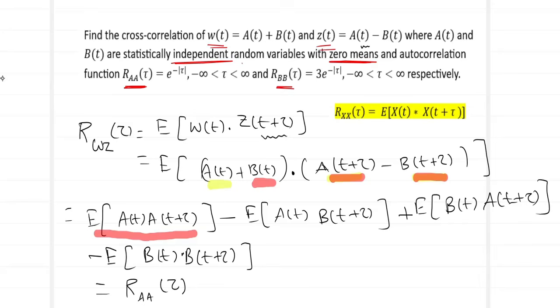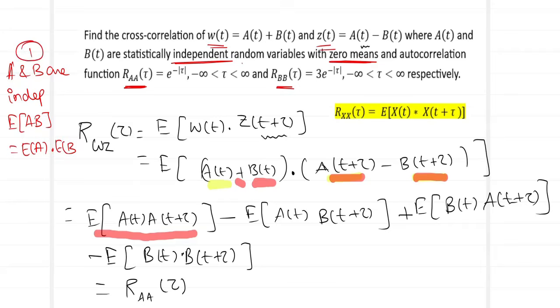Now consider the second term, the expected value of A of t into B of t plus tau. We have to keep a note of the quantities that have been given to us. A and B are independent. In that case, E of AB can be written as E of A times E of B. This is going to be my criterion number 1.